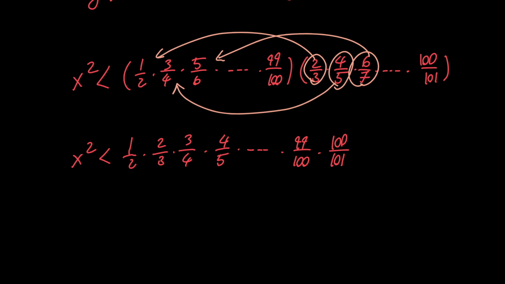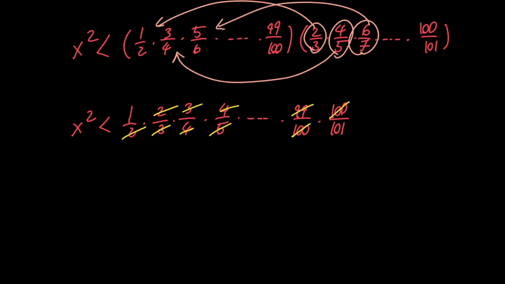Now, if you look at this, you can see that this 2 will cancel this 2, this 3 will cancel this 3, this 4 will cancel this 4. Obviously, this 5 will be canceled by the next 5. This 99 will be canceled with the previous 99. This 100 will be canceled with this. And that means that we are left with x squared is less than 1 over 101.